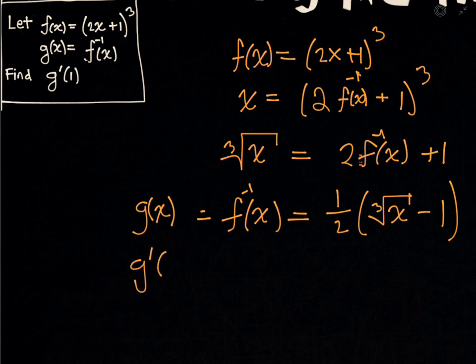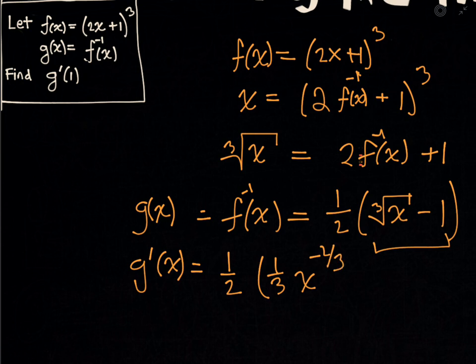So we'll use our nice chain rule here, and we can remember that we write the cube root of x as x to the 1/3, just when we're taking our derivative, to make sure we remember to do that. This 1/2 is a constant out here, so I can just say the constant times the derivative of this piece here, and the derivative of that piece is going to be 1/3, power down, power minus 1, so 1/3 minus 1 is negative 2/3.